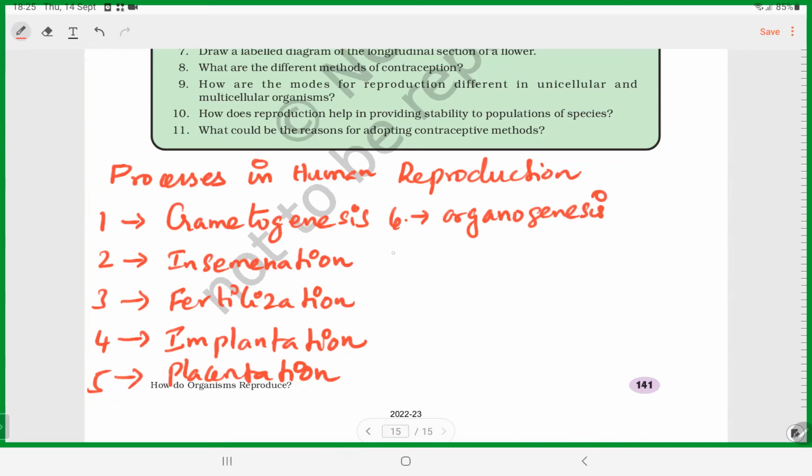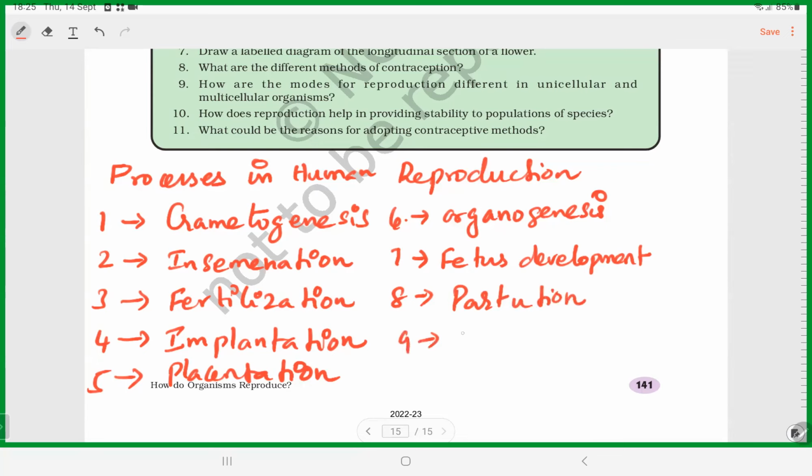Seventh one, of course, fetus development. Eighth one, parturition. And ninth one, lactation. So like that, in stepwise order, you can list the processes.